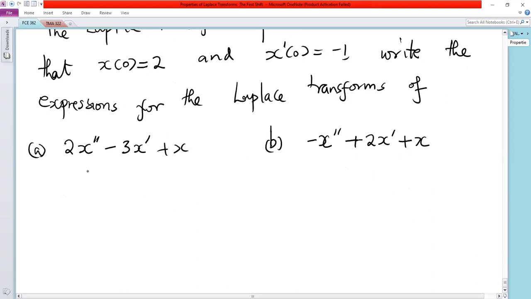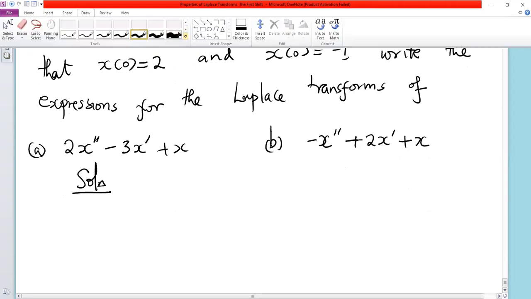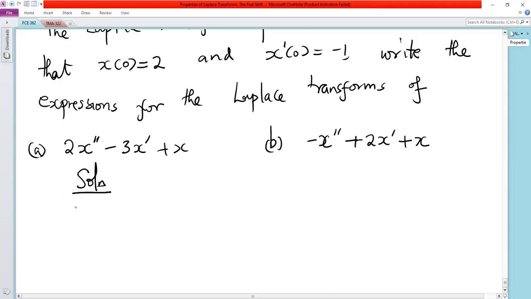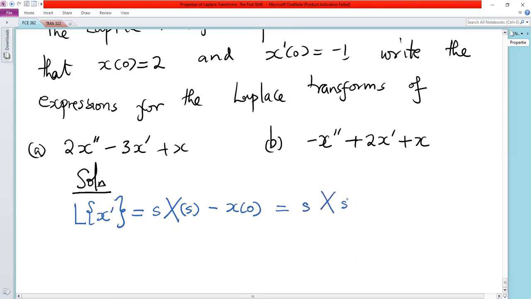So our solution: by definition, we know that the Laplace transform of the first derivative of x is s capital X of s minus x at 0, which is s times capital X of s minus 2, because x at 0 is 2.